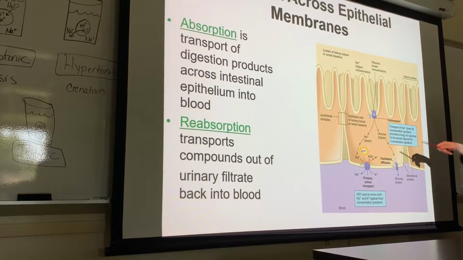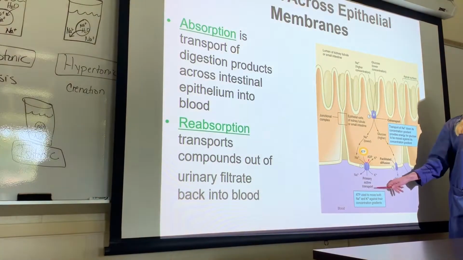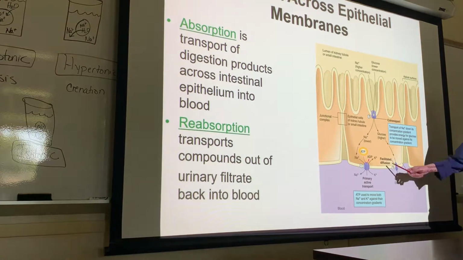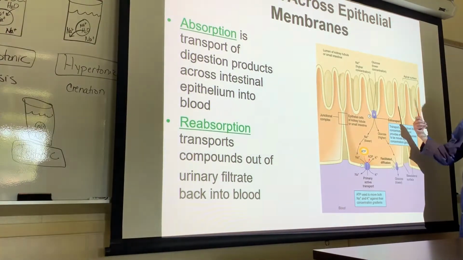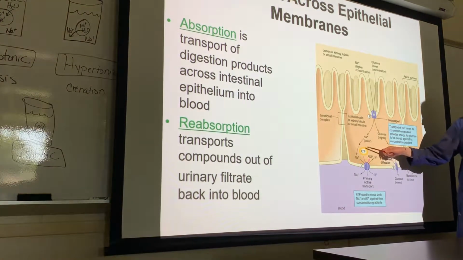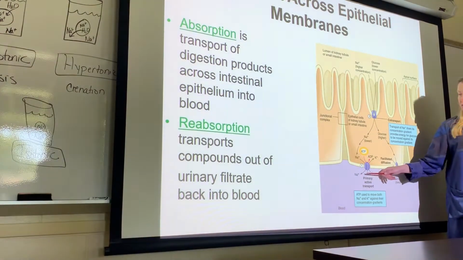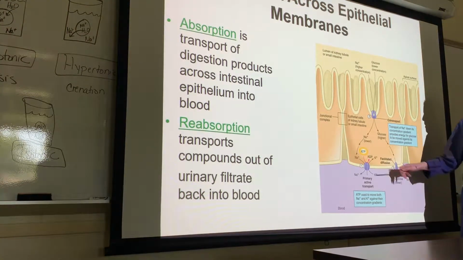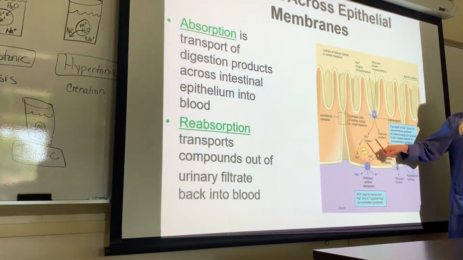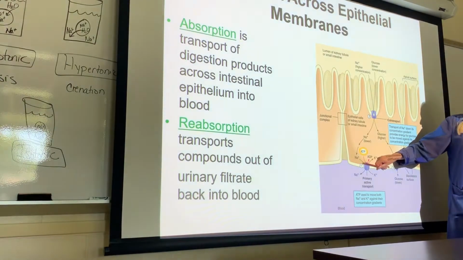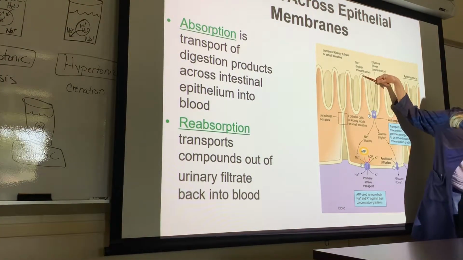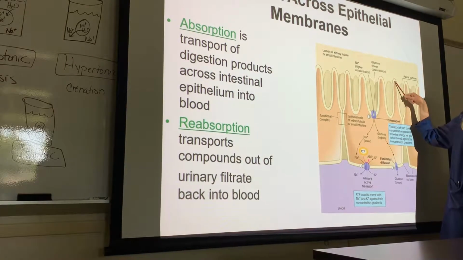So first, we have primary active transport, also known as the sodium-potassium pump. And what happens is, again, ATP is utilized to pump 3 sodiums out for every 2 potassiums it brings into the cell. Now, keep in mind, for the sake of simplicity, they're only drawing this sodium-potassium pump here. But you would also have sodium-potassium pumps here as well.